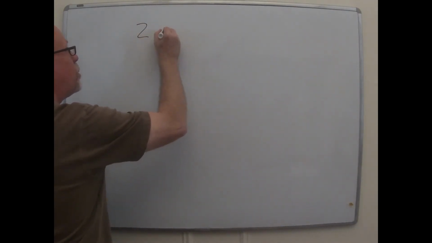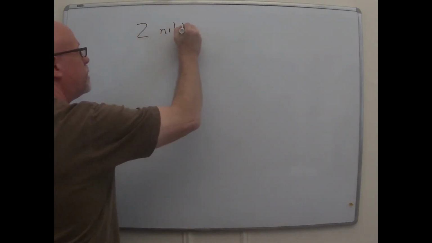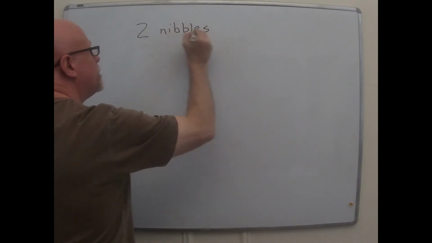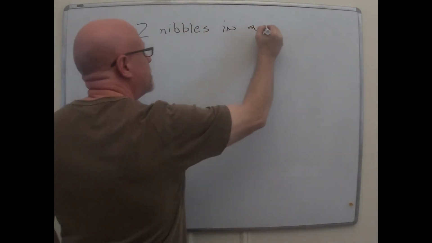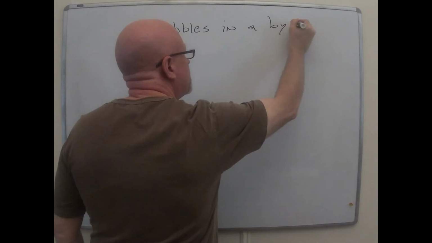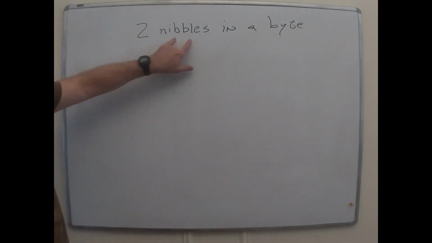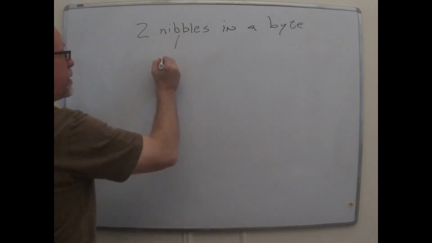So there's 2 nibbles in a byte. And so a nibble is a 4-bit binary string.